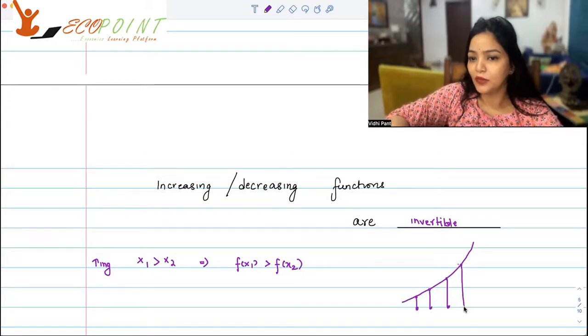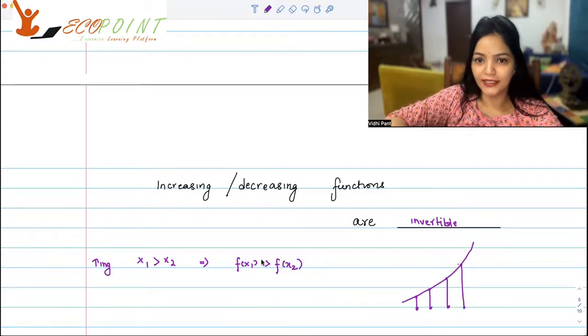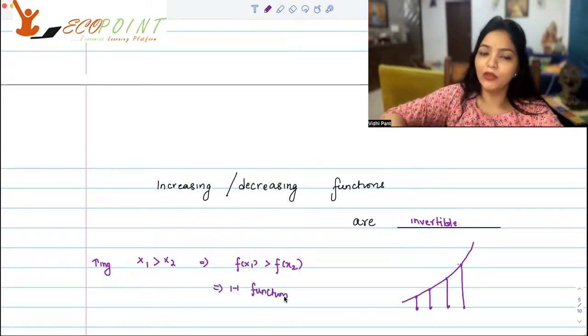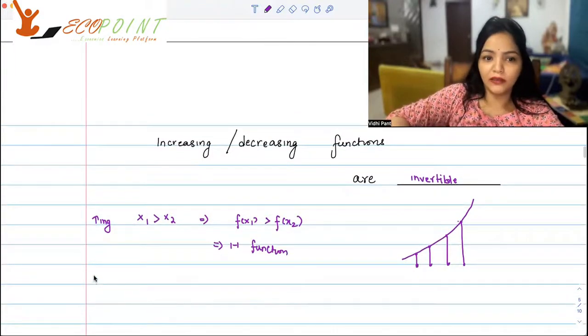And well, yes, we're talking about strictly increasing, strictly decreasing here. So since that will happen, that means that it will be a one-to-one function. But the same concept will also go with a decreasing function. Again, strictly decreasing.